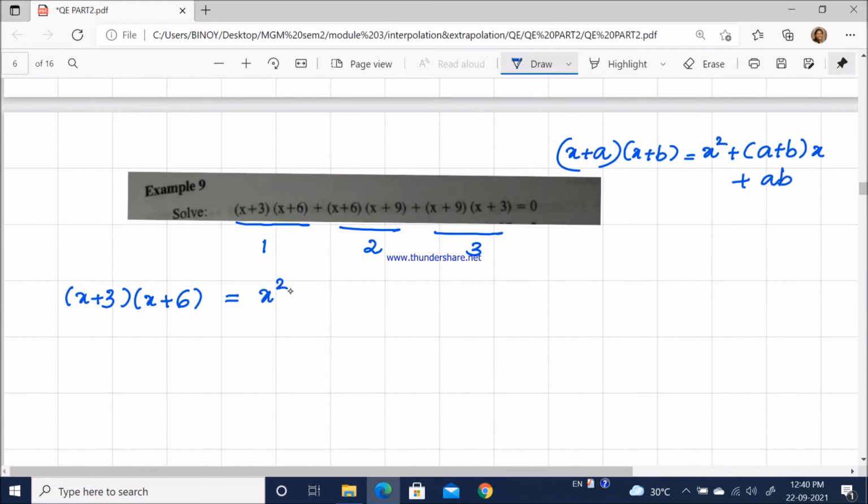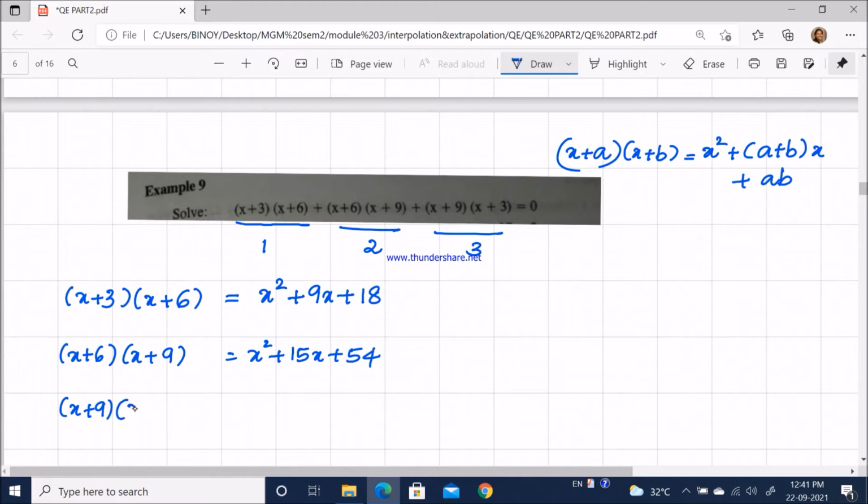So, x square plus 9x plus 18. The next group is x plus 6 into x plus 9, that is x square plus 15x plus 54. The next group is x plus 9 into x plus 3, which is x square plus 12x plus 27.